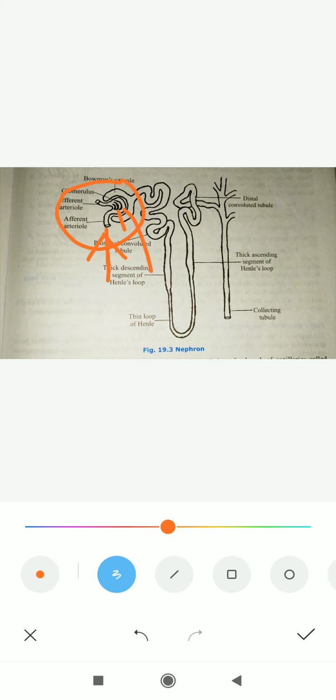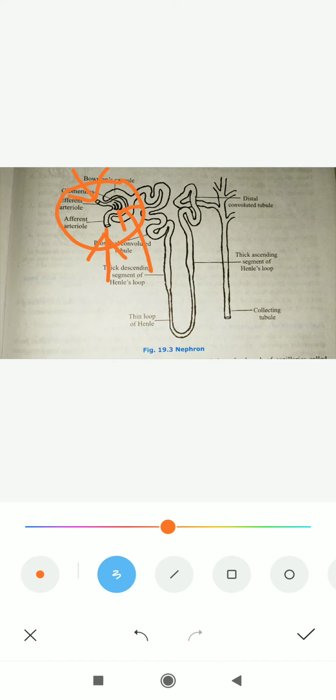This one is the glomerulus, which is actually a tuft of blood vessels or arterioles. This blood vessel, after filtering the blood, moves out, and this structure is known as efferent arteriole.